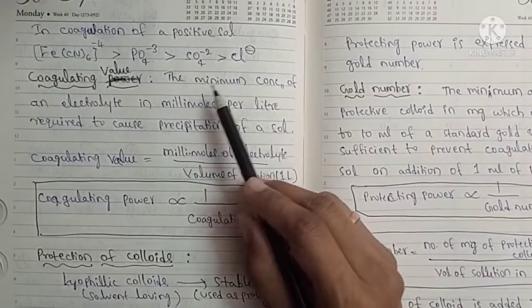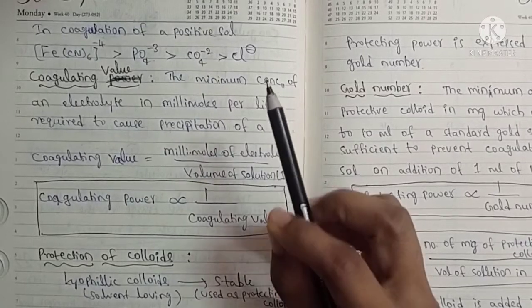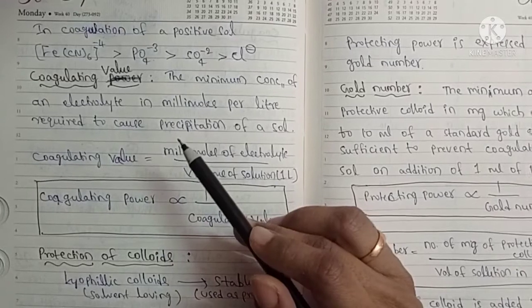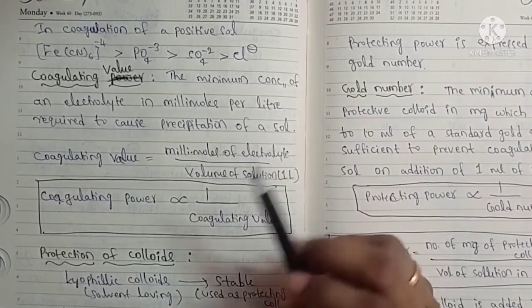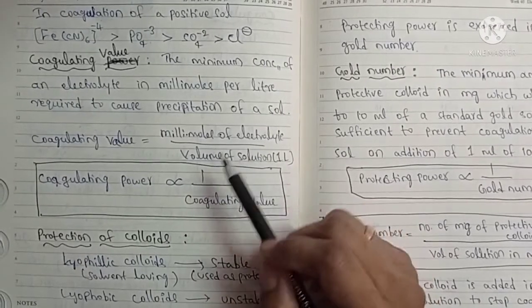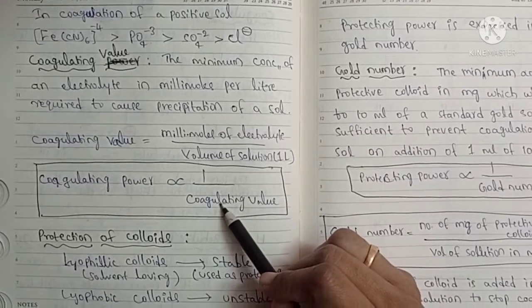If by adding a small amount of coagulating electrolyte we cause coagulation, it means that coagulating power is more. So coagulating power decreases with the coagulating value.